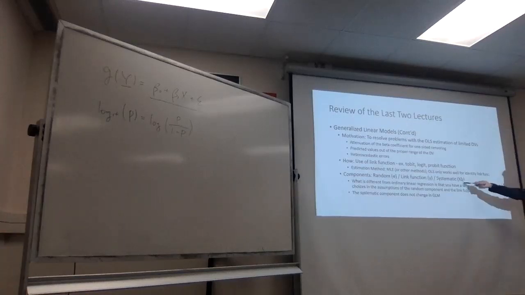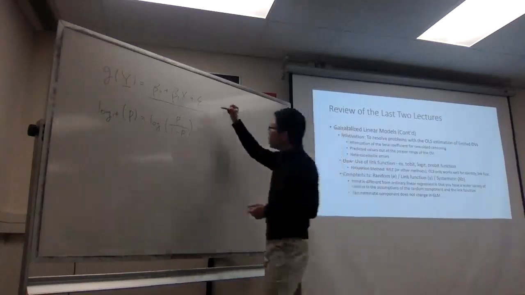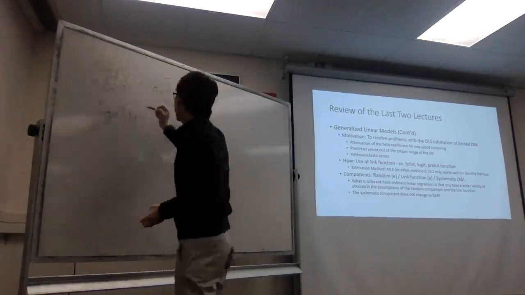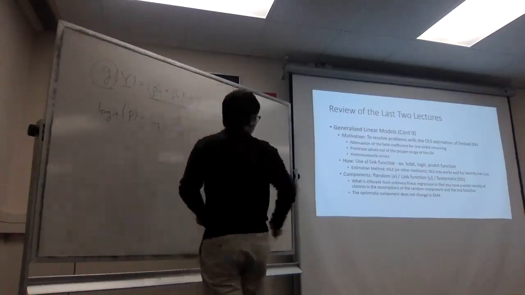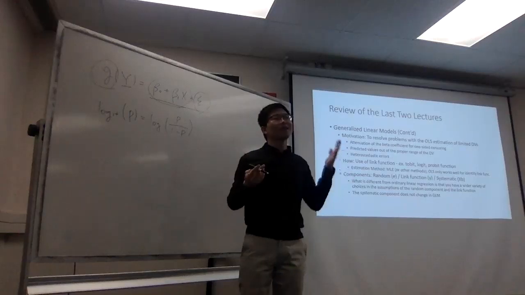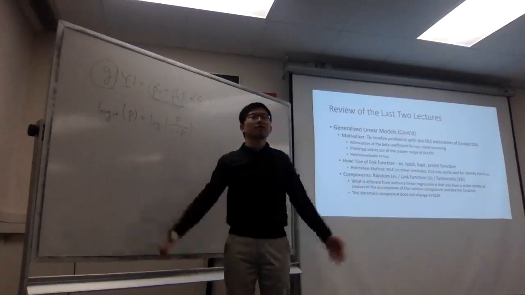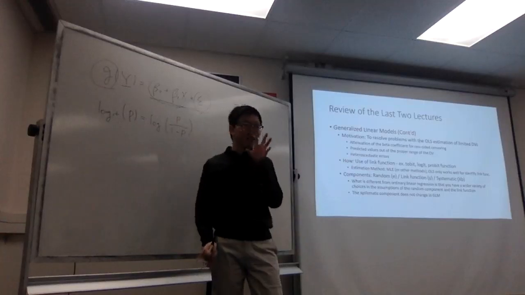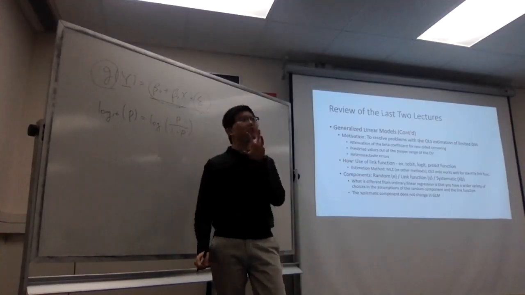So the components, as you can see, are the random component, this is the link function, and this is the systematic part. So what's added is basically the presence of a link function, and that's it, right? And then minor modifications in the error distribution assumptions.